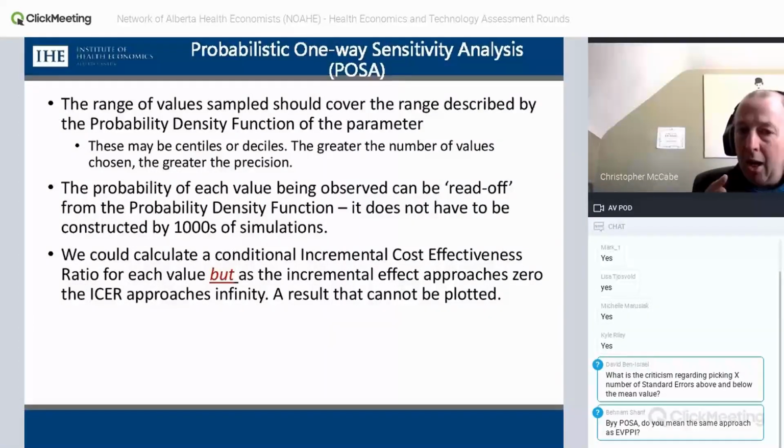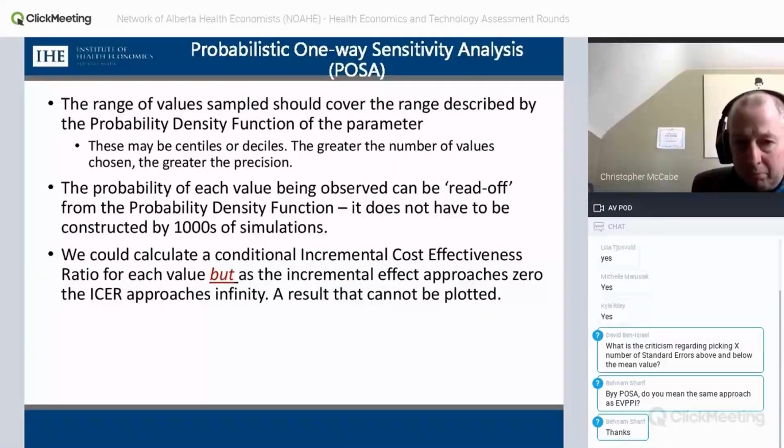We're saying, what is the probability that we observe a value in this parameter that would change the indicated decision from a positive to a negative or a negative to a positive. But it's the same structure of the analysis, though much simpler, or less computationally intensive, because we don't need thousands of outer loops and thousands of inner loops, because we read the probability off the PDF.